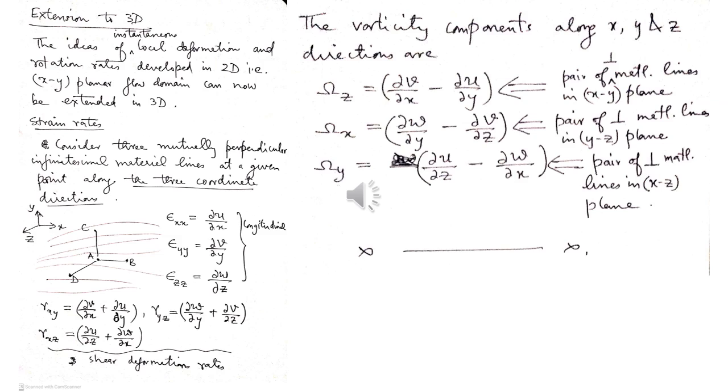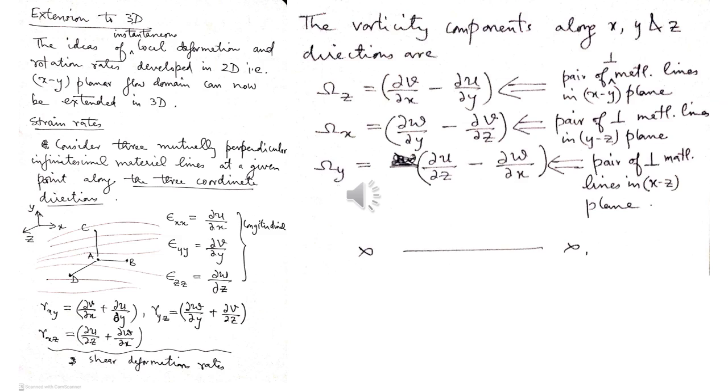The other remaining shear strain rate should be gamma xz, and it is the instantaneous shear strain rate between a pair of perpendicular infinitesimal material lines directed along x and z directions.